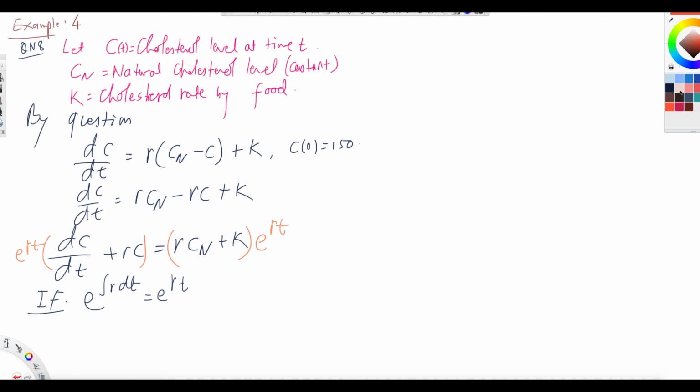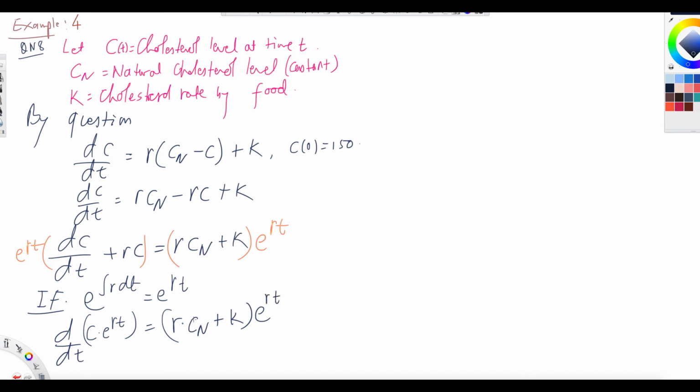So on the left side you will get d over dt of C times e to the RT, equals, and on the right-hand side you have R times C_n plus K, times e to the RT. That's what you get, right?